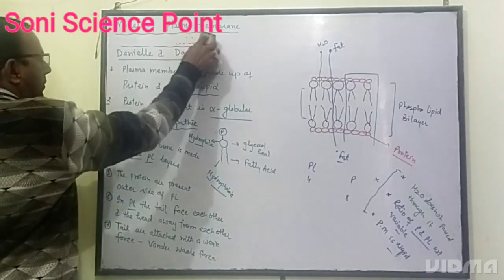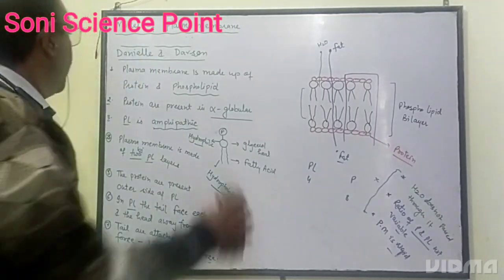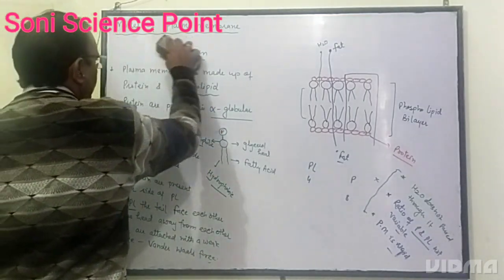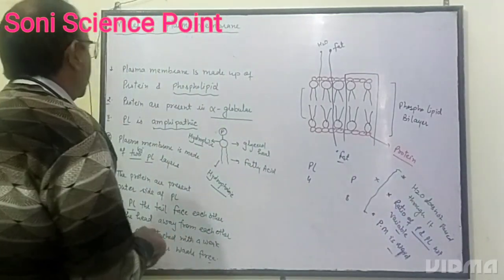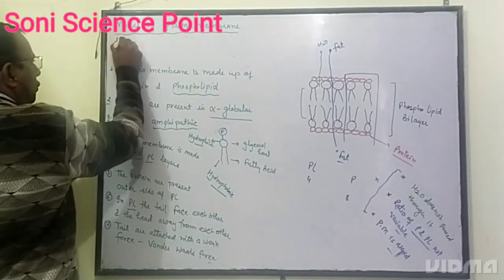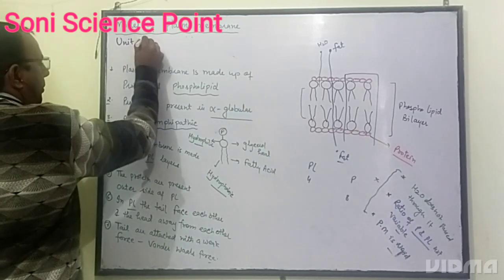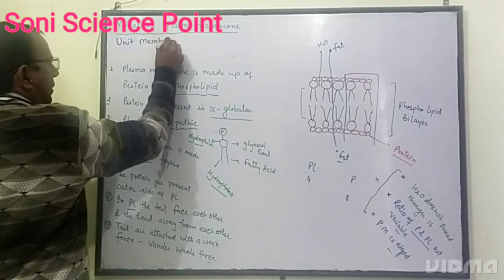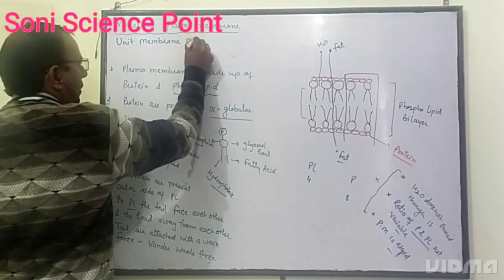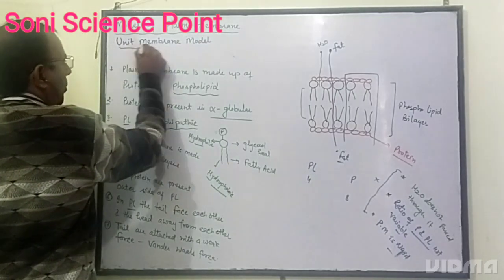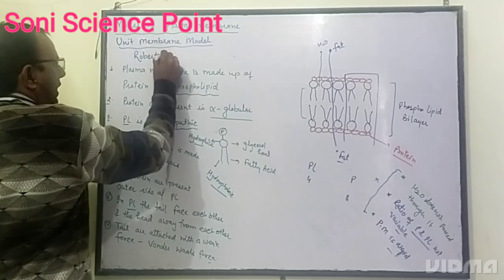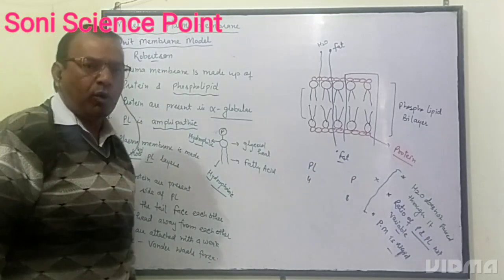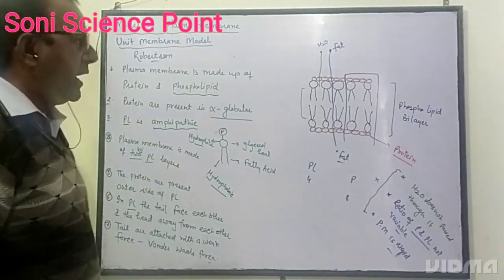What were the features proposed by Robertson? Robertson called his model the unit membrane model. There are some changes in the Robertson model of the plasma membrane.